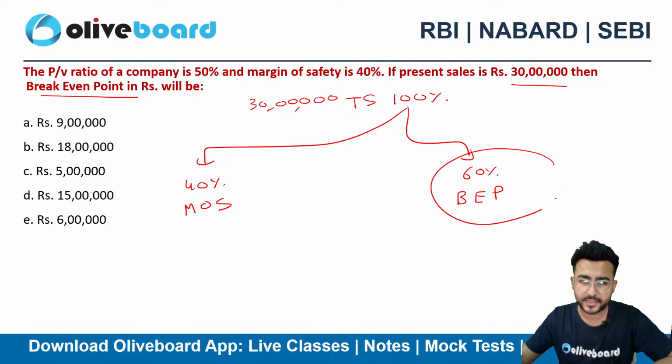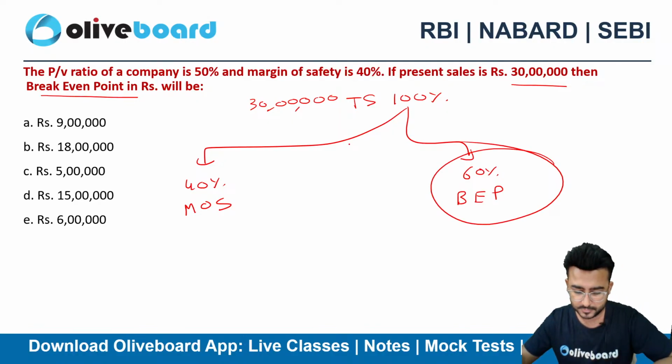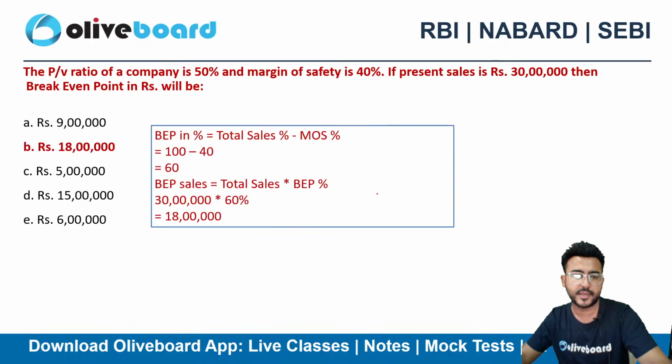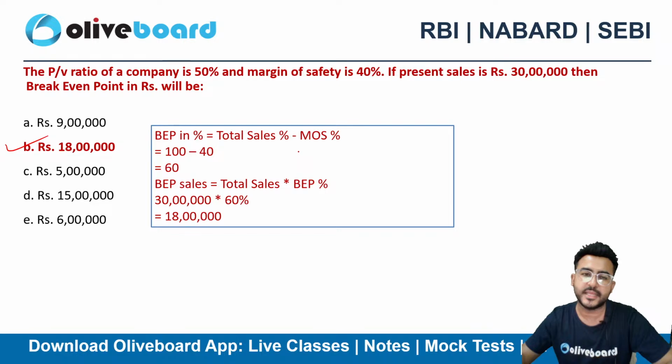What will be my BEP? Out of the total 30 lakhs, 40% is the MOS sales, rest of the 60% is my BEP sales. The correct answer here will be option B, 18 lakhs.